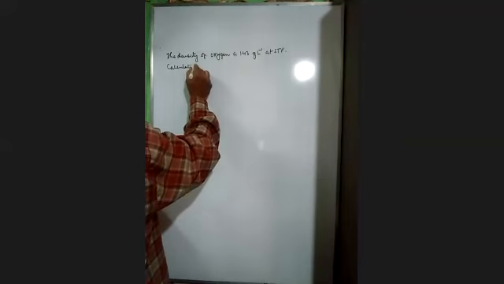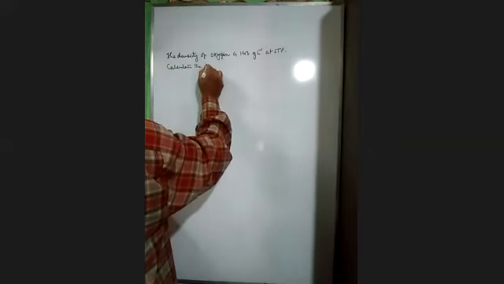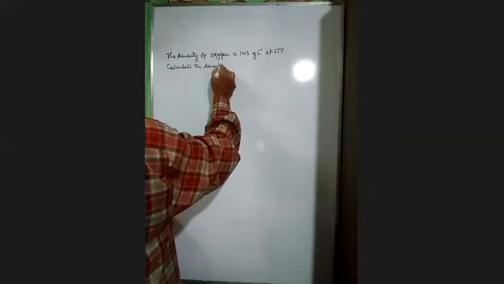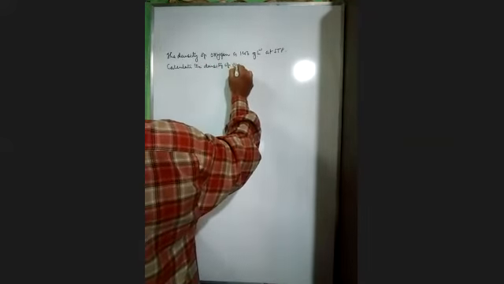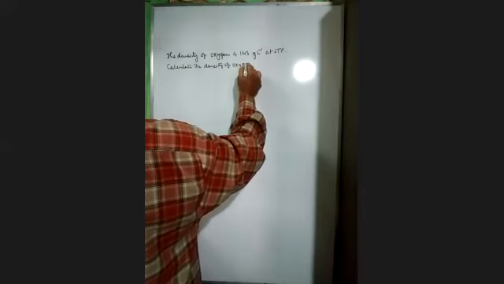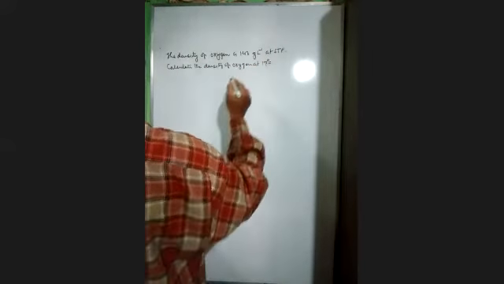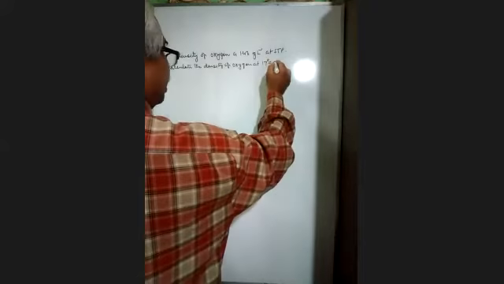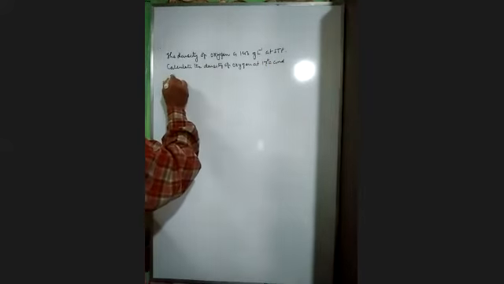Calculate the density of oxygen at 17 degrees Celsius and 800 torr.